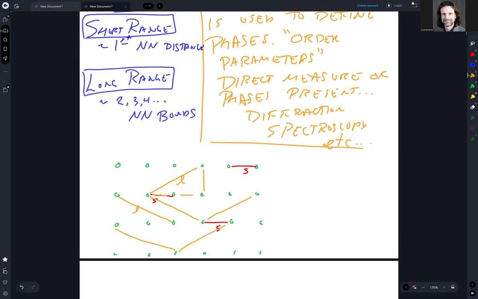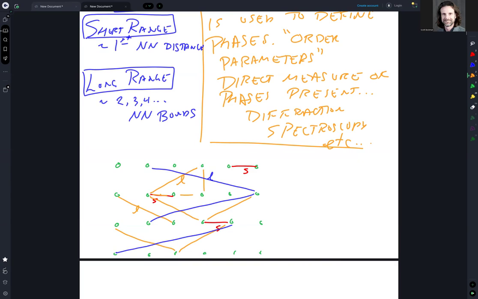I can pick a distance like here, and I move this. I still have that. And I have something that looks like that. So I have this long range ordering that you can see.